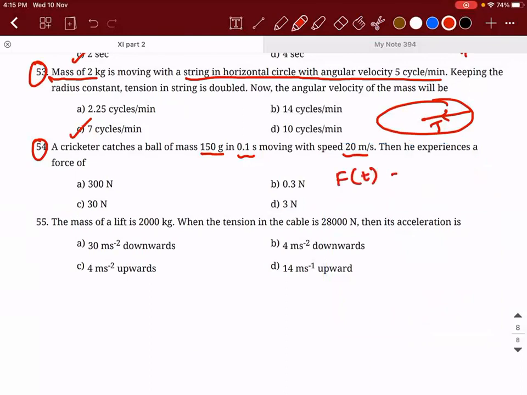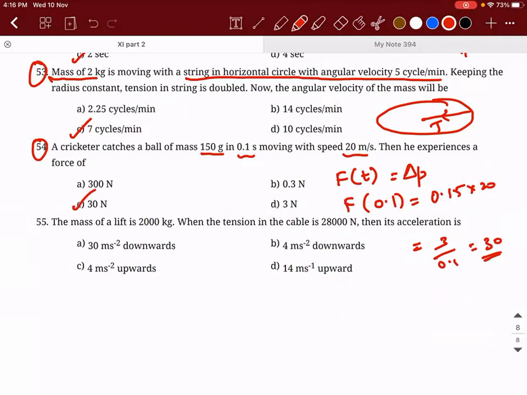F into T is equal to delta P. Impulse is equal to change in momentum. Force experienced by him for a time period of 0.1 second is equal to the change in momentum, that is 0.15 into 20, which is 3. 3 divided by 0.1 is going to give you 30. So the answer is 30 Newton.